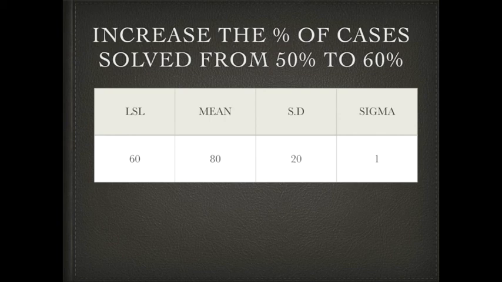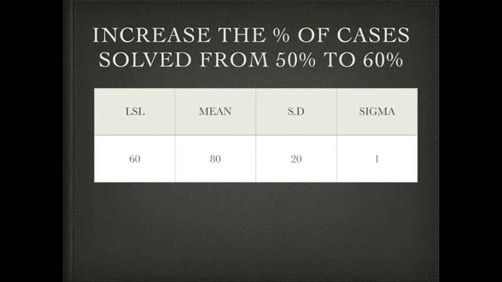If you want to increase the percentage of cases solved, the specification limit that you will get is the lowest specification limit. So our target is 60%, that is the lowest specification limit. Let us consider the mean is 80%. They have performed well beyond the lowest specification limit.